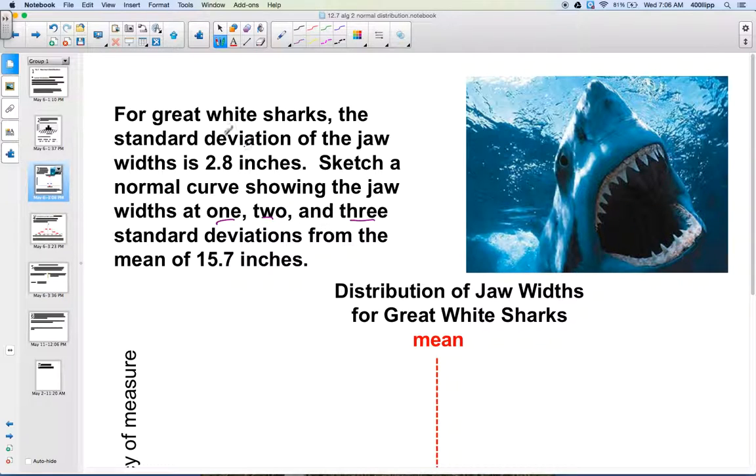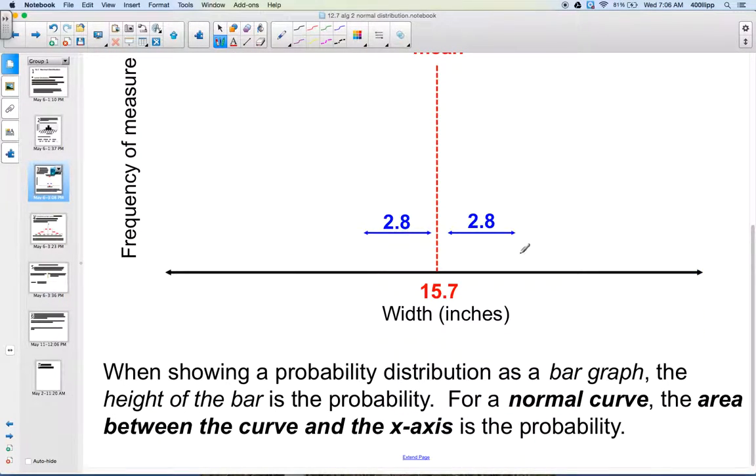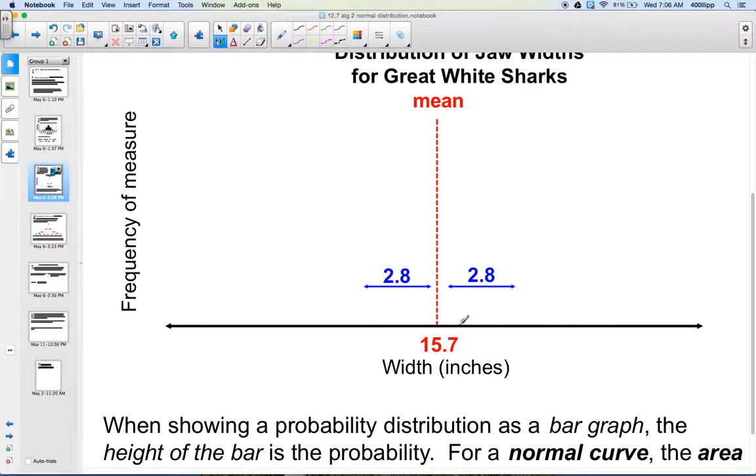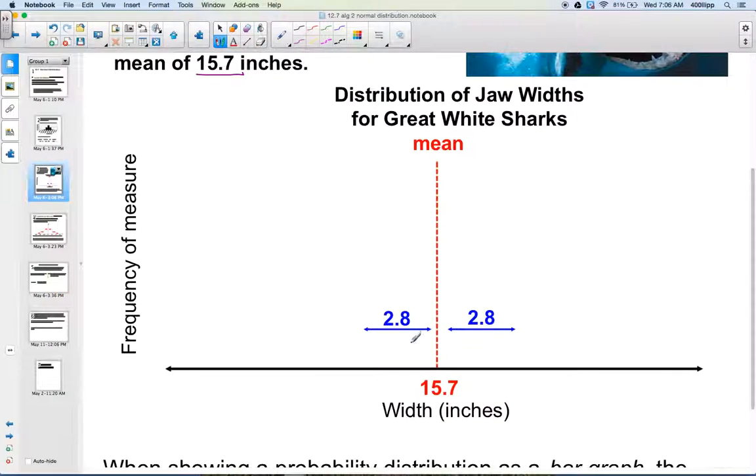Okay, so it's telling us the mean is 15.7 inches. And the standard deviation is 2.8 inches. So we'll first plot our mean, which is 15.7. Okay, so that's the mean, which we can write as x bar. And then we're going to go 2.8 up 3 times and then 2.8 down 3 times.